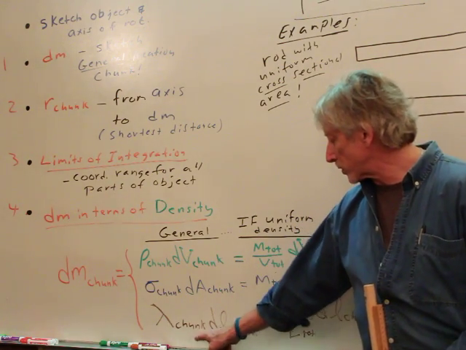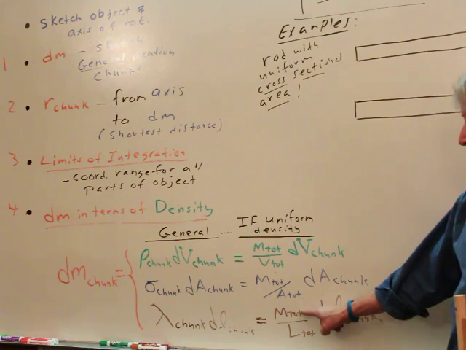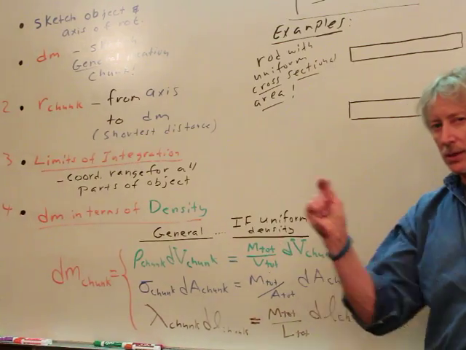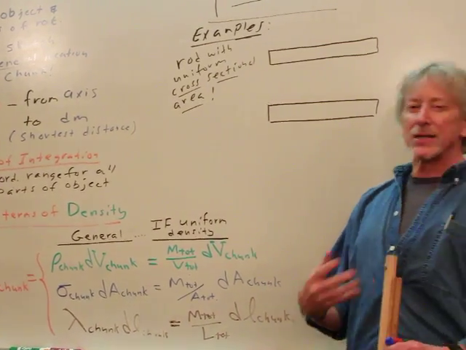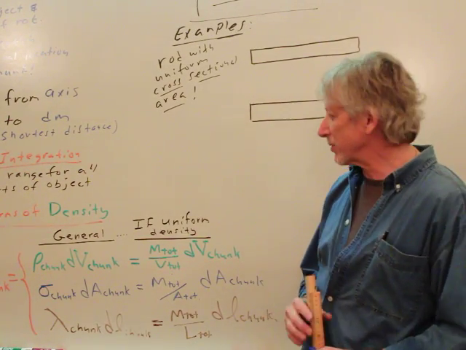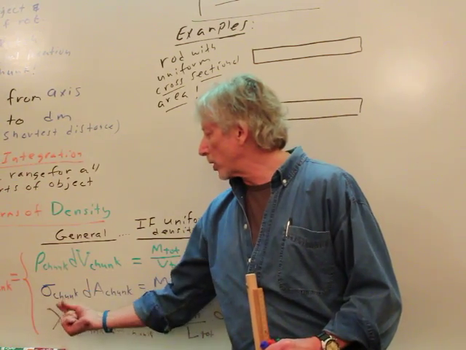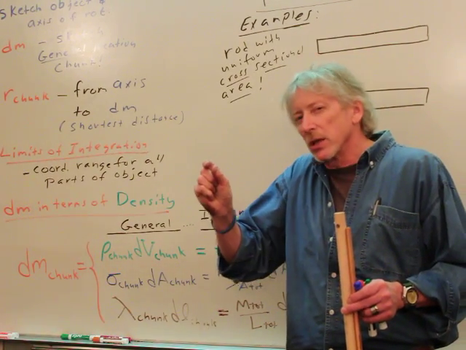Mass per length times the length of the chunk. If uniform density, total mass over total length is the density. Everything has the same density, but that's not always the case. What if it doesn't? Then by engineering and by design and by a homework problem that's given just as an exercise, you could be given an equation for rho, sigma, or lambda so that each piece has a little different density.